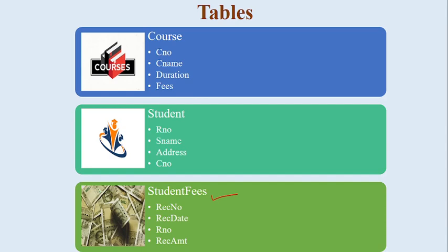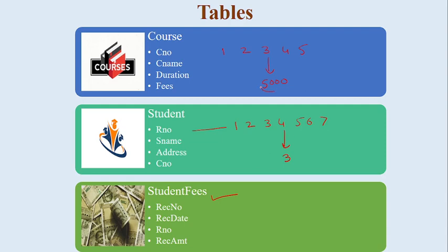Student can pay the course fees in a lump sum. Suppose we have 5 courses, 1, 2, 3, 4, 5. Course number 3 fees is suppose 5,000 rupees. We have student with roll number 1, 2, 3, 4, 5, 6, 7 and roll number 4 has taken admission for course number 3.